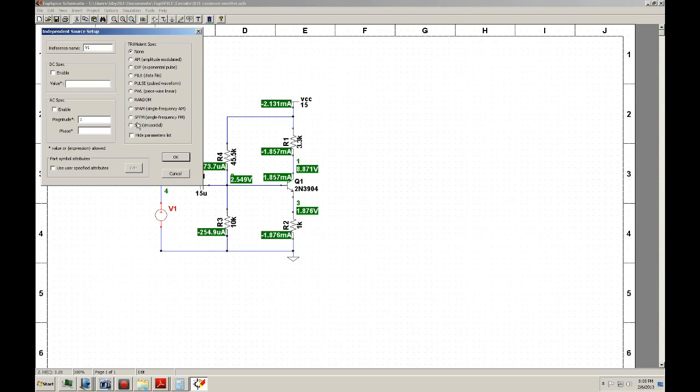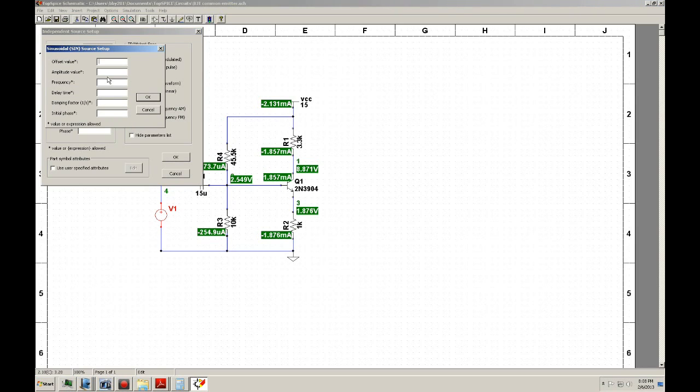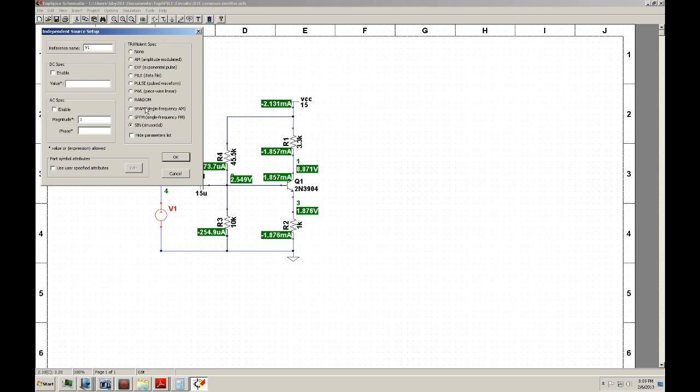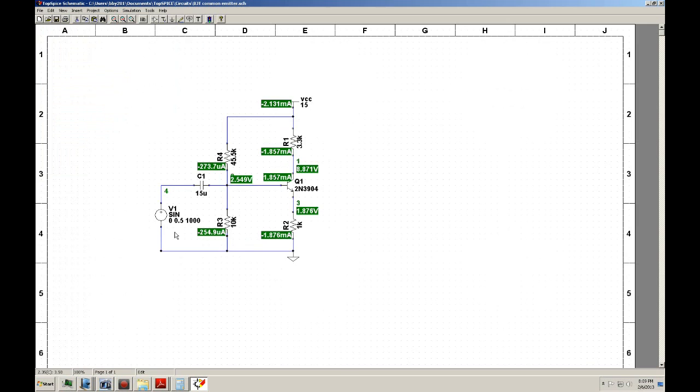Use the 500 millivolt, 0.5. At what frequency? 1 kilohertz. And then a V sine part as input. Oh, that means that's a sine wave. So it's a sine wave.